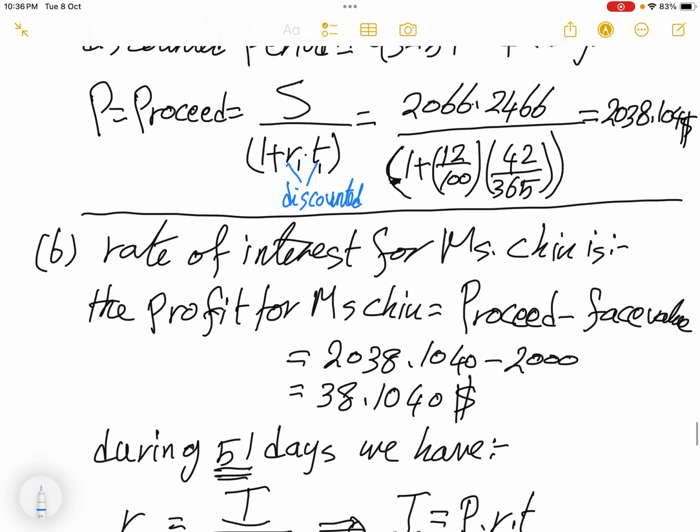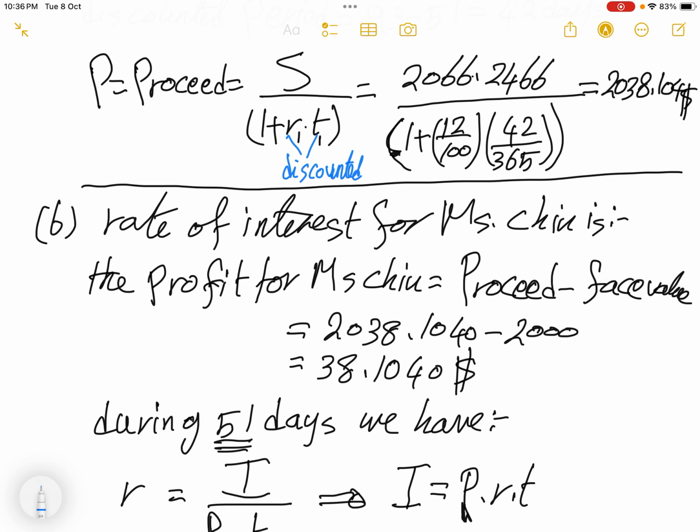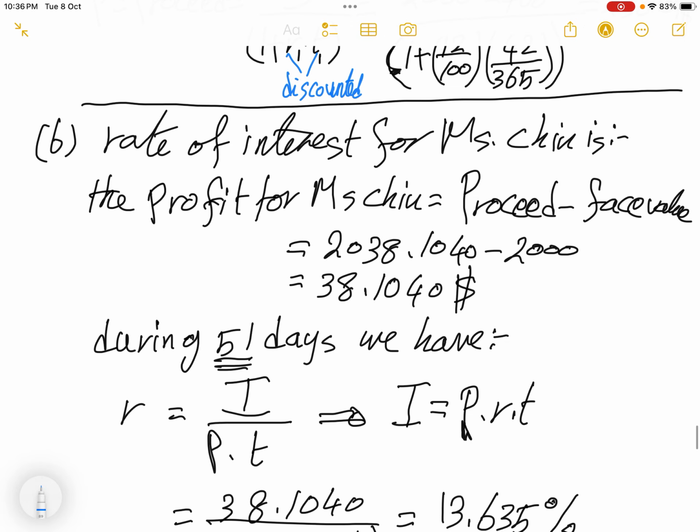The rate of interest for Mrs. Chewy: the profit for Mrs. Chewy is proceed minus face value, which is 2038.104 minus 2000, which is 38.104.